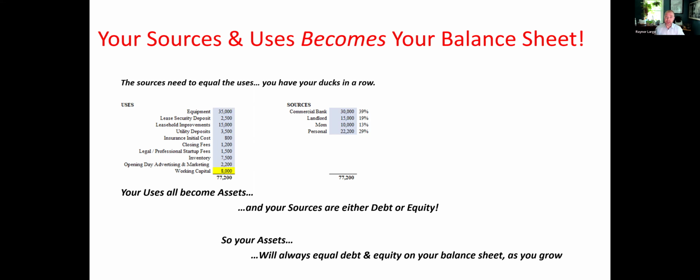Going back to that house analogy, if my house is worth $400,000 and I have a loan of $350,000 on it, my equity is $50,000. My assets are always going to be equal to debt and equity. And as I pay that mortgage down, my equity increases, right? So those 2 things will always equal one another.